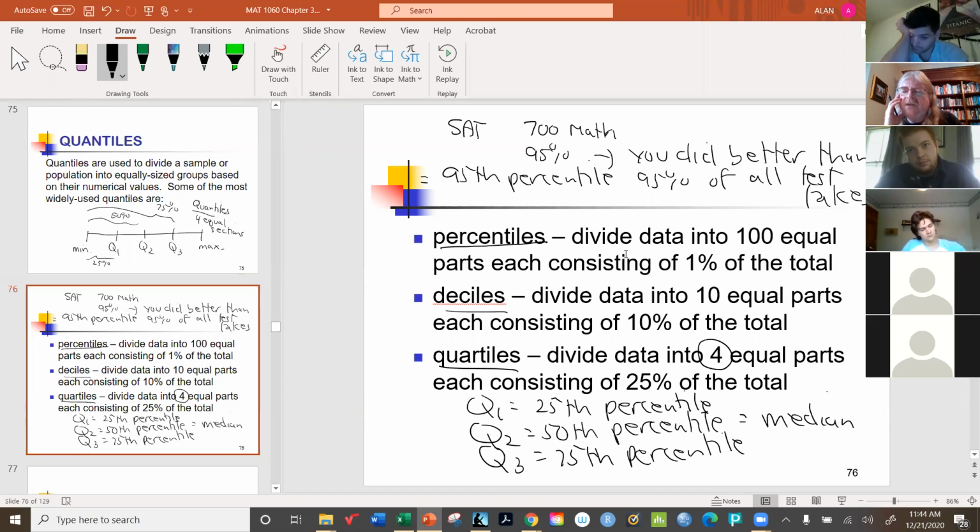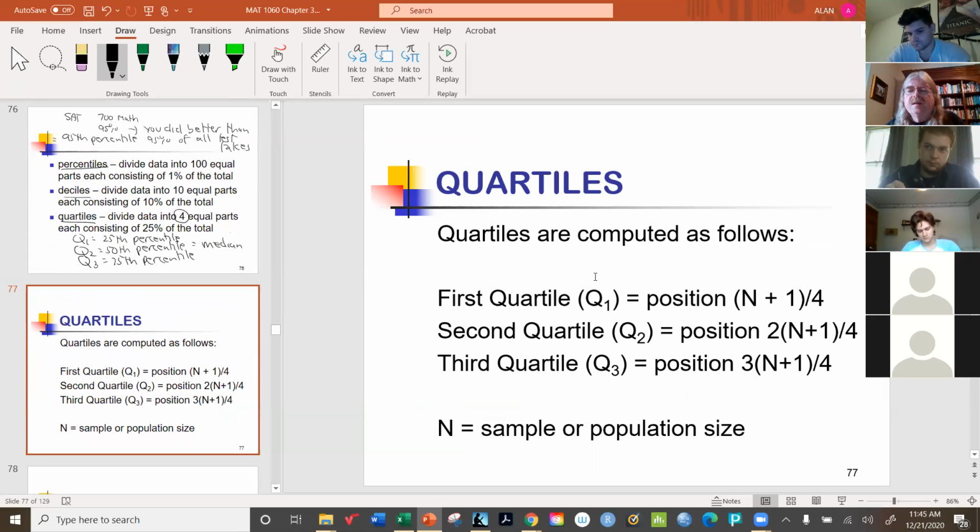So if you actually went into a calculator and put in some data and asked for a quartile, and then you did the same thing with, let's say, Excel, you might get 2 different results because there are different approaches to using quartiles. I don't know how this happened, but that's just the reality. So what we're doing here, you might find something slightly different if you're using, let's say, Excel or a financial calculator. But what we're about to do is one of the approaches that can work very well.